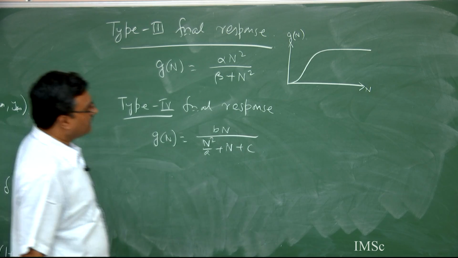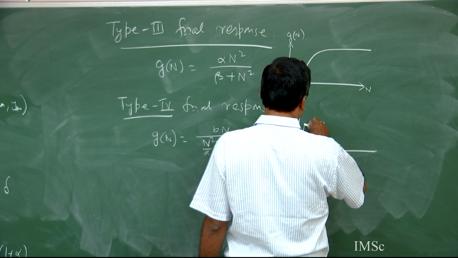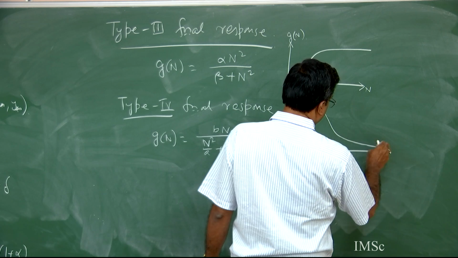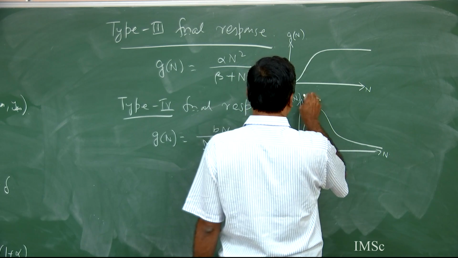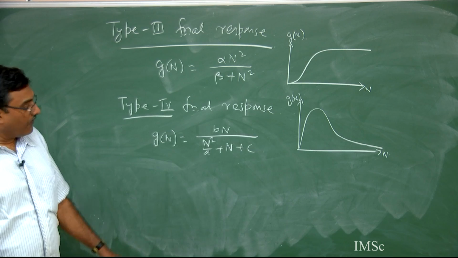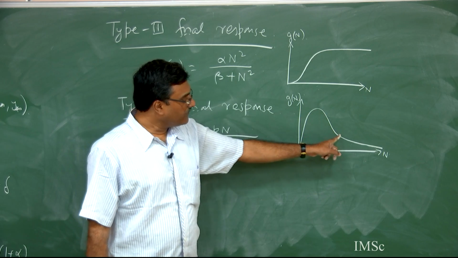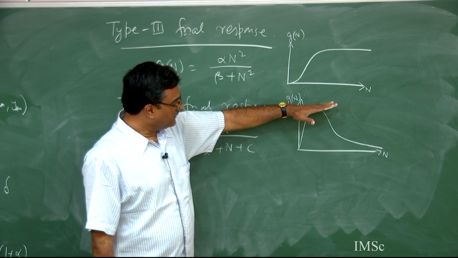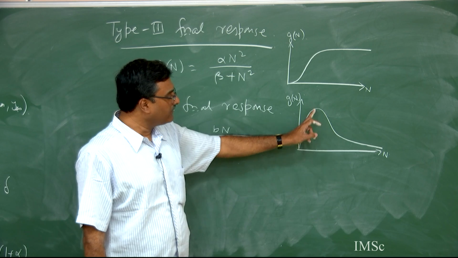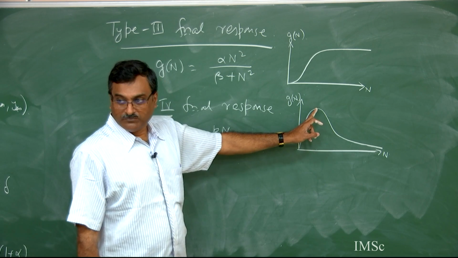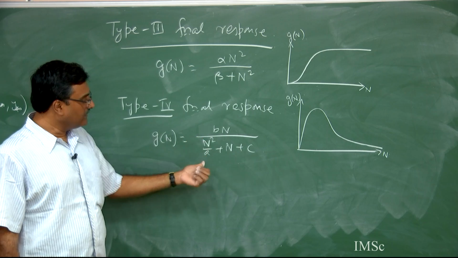In this case, if you plot the function, it will be a function like this. This is n and this is G(n). Of course, this curvature, existence of point of inflection, the height of the maximum and its position are actually determined by these 3 parameters.